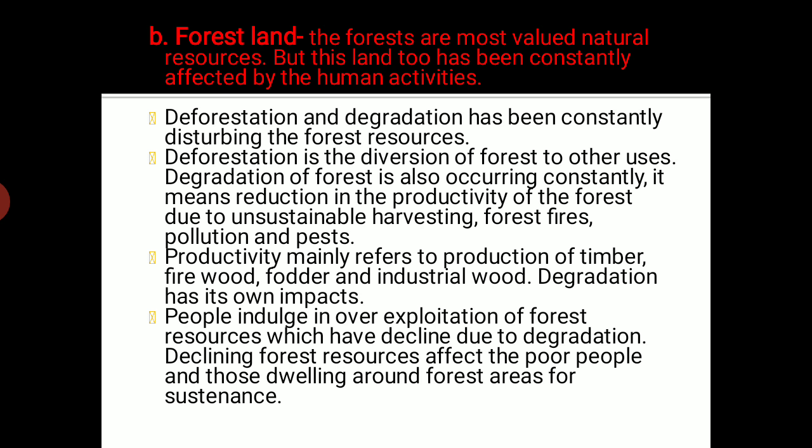Deforestation is the diversion of the forest to other uses. Again, degradation of forest is also occurring constantly. It means there is a reduction in the productivity of the forest due to unsustainable harvesting, forest fires, pollution and pests.